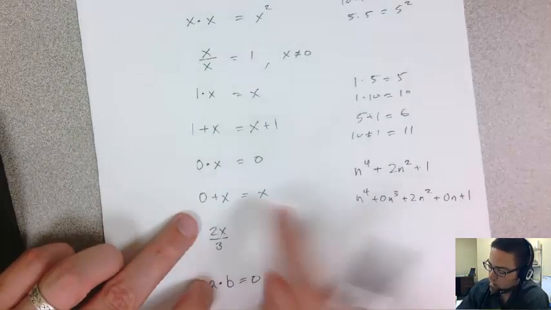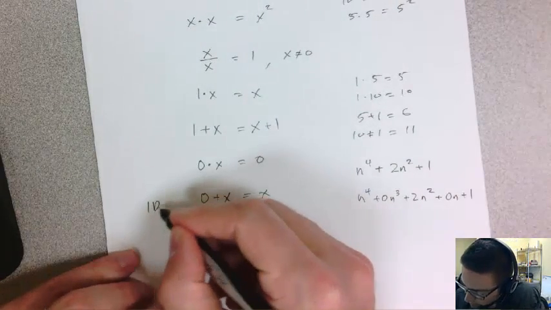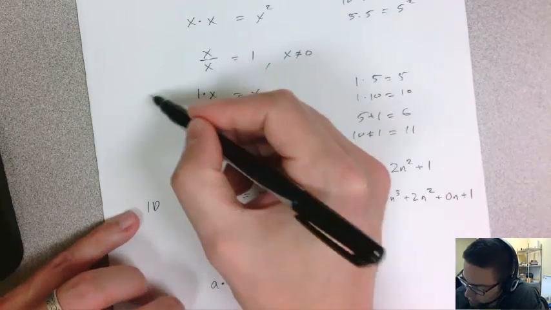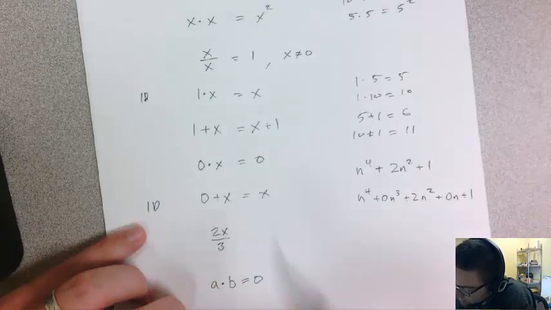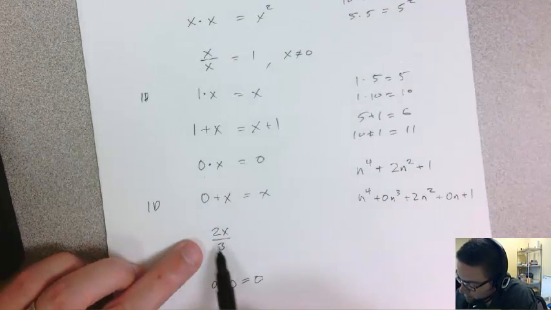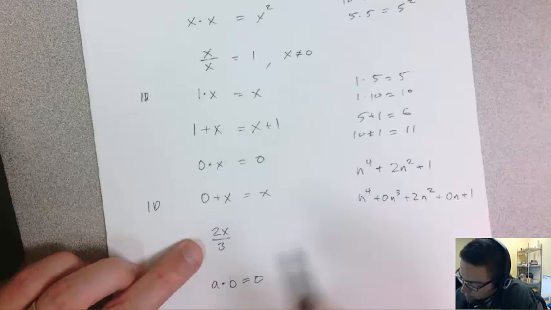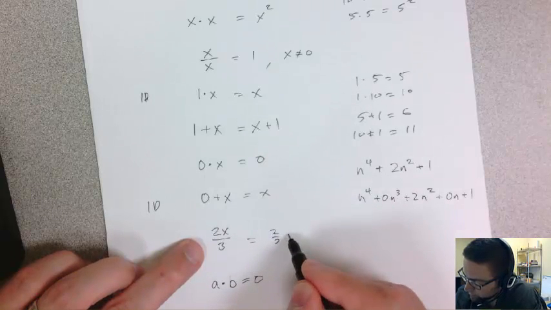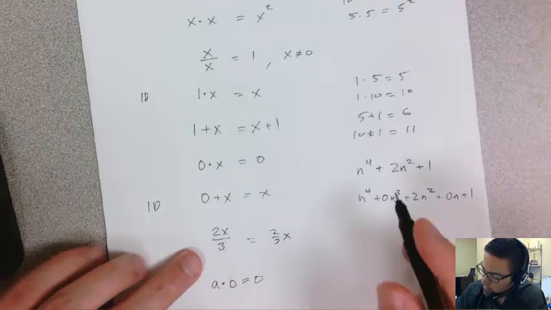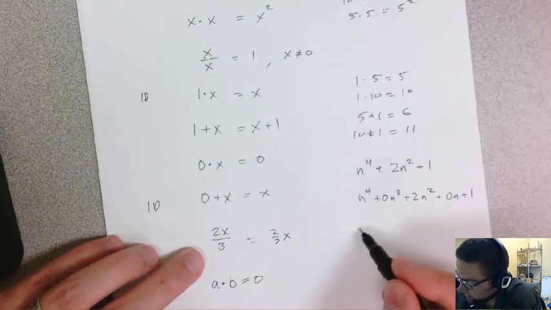This is the identity property of multiplication, and this is the identity property of addition. This coefficient here, I like to break it out and say the coefficient here is really 2/3 times x, and we can test that.